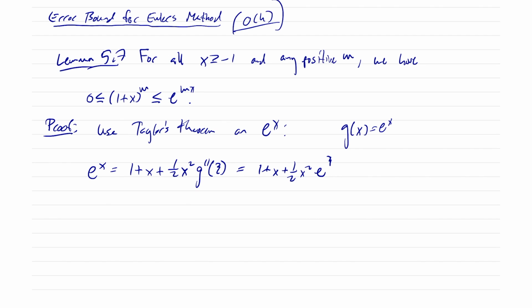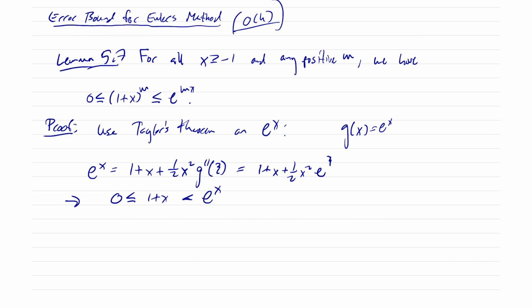So just shaving this off, because this is all positive, what we end up finding is that 0 is less than or equal to 1 plus x is less than e to the x, because we just shave off this positive term, and that's what it gives us.